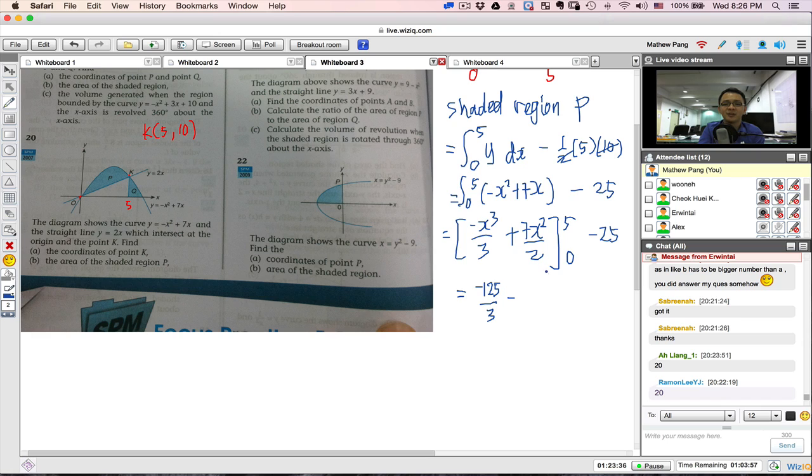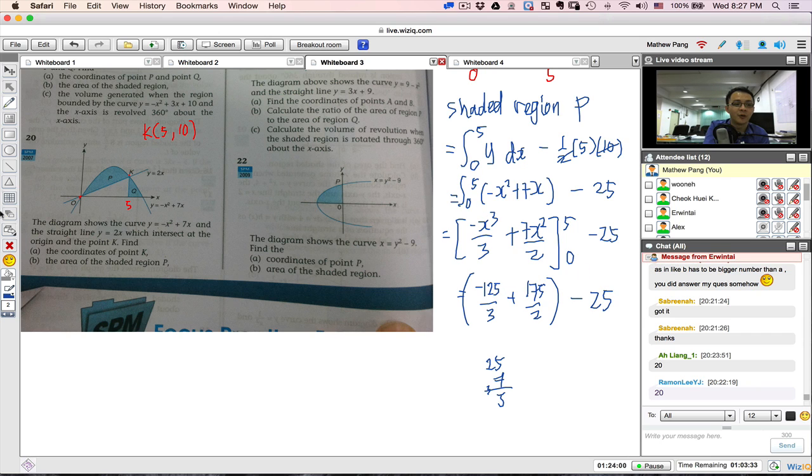What is 25 multiple 7 will be 175, isn't it? I do not have calculator here. It's okay. 35 times 7. This is 35. This is 14. Yeah, 175. Plus 175 over 2. Minus 0. So 0 I never write, because 0 substitute into x, you just got 0.